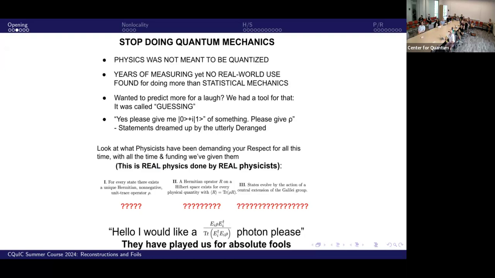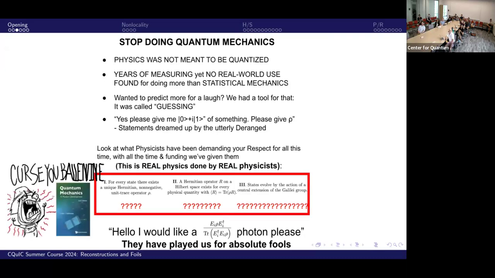We have these expectation values. We have this weird idea that states evolve under this central extension of it. Then we have measurements, and that's even further complication. I just took these from that book over here, but most textbooks really aren't much better here.